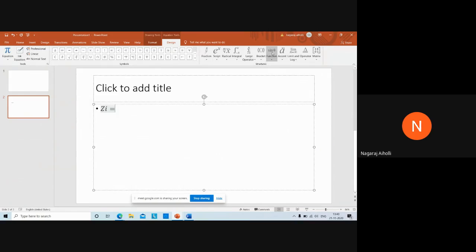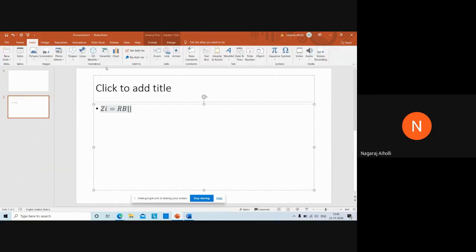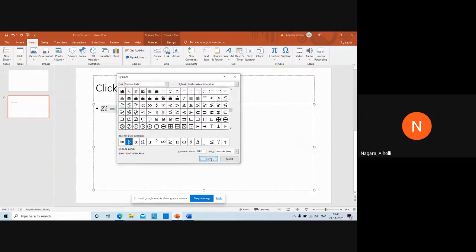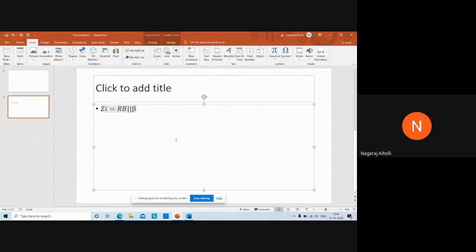Zi is equal to RB parallel beta RE. This we know from the re model, just now what we looked into.